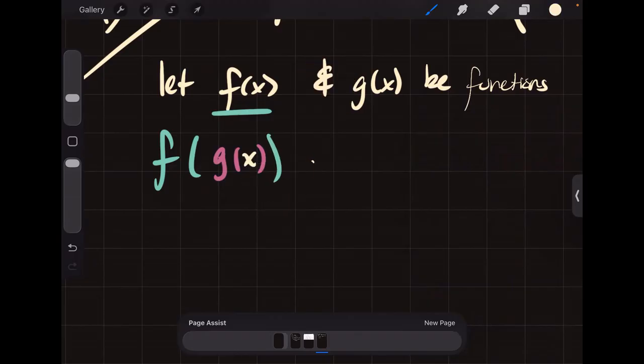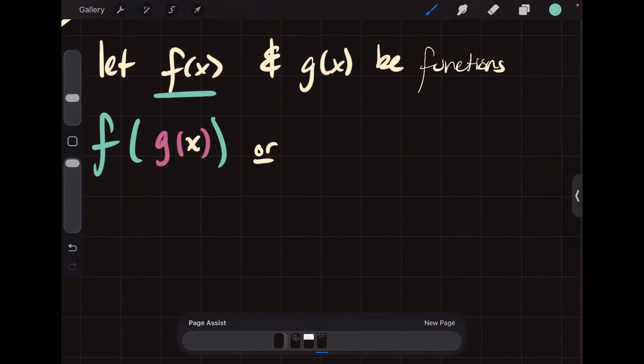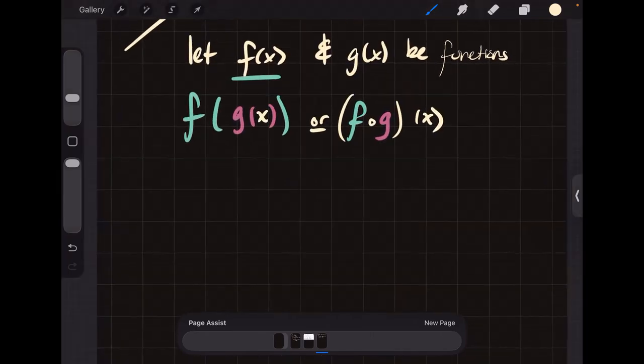Alternatively, you can write it as f of g, the whole thing, of x. I prefer this form. It's more intuitive.